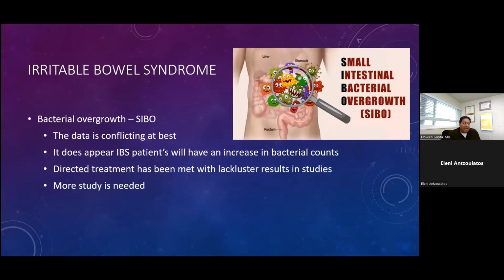Bacterial overgrowth, or small intestinal bacterial overgrowth, another pretty hot topic, a thing that easily develops in a GI patient. It's important to know that this is a second separate disease entity and should be treated as such.